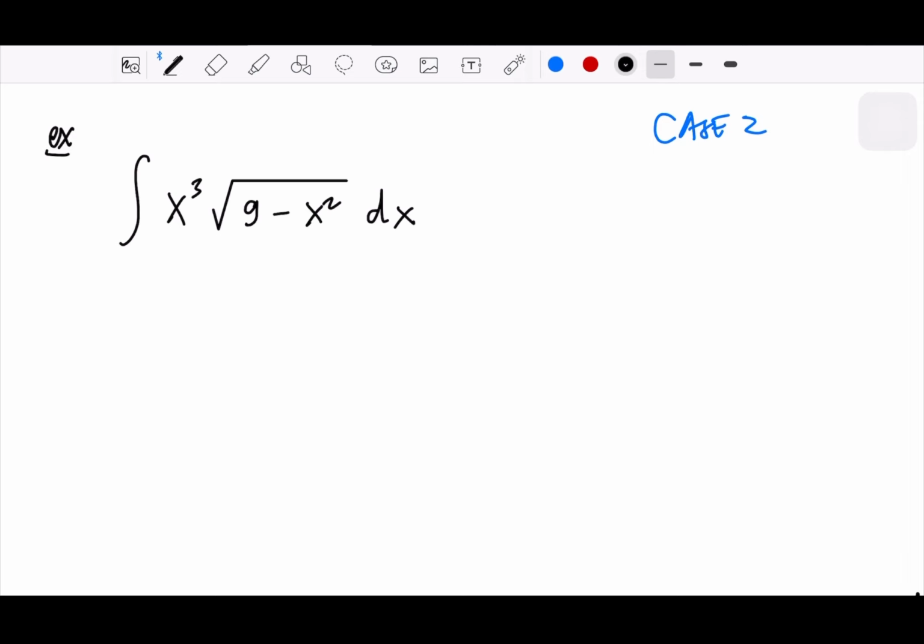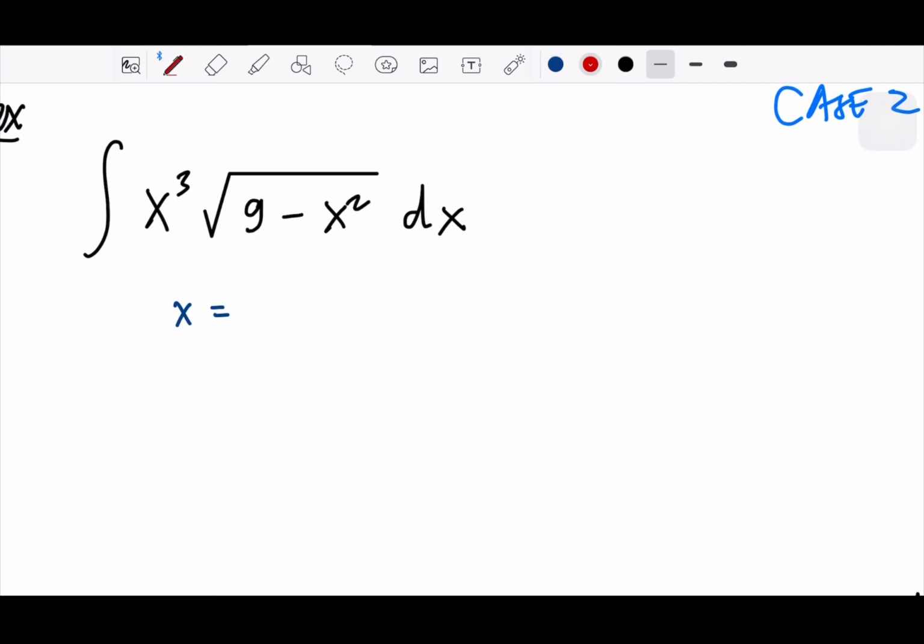In this case, we take the substitution on this x, and by looking at this 9 minus x squared, we are going to take x as 3 sine or cosine. We can also take that as our alternative answer.